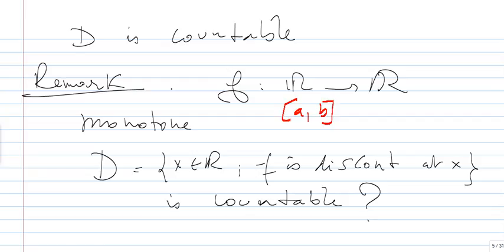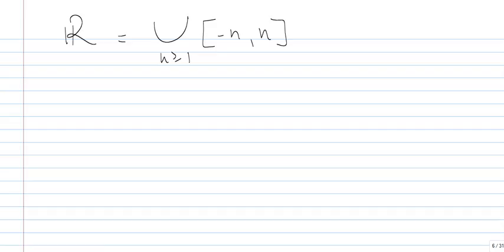So instead of having an interval AB, now we have the entire real line. The result will not change, because R is just a countable union of intervals. For example, R is the union of minus n, n, for n greater or equal than 1. So in this case, you just restrict your f to every interval. You call them Dn's.